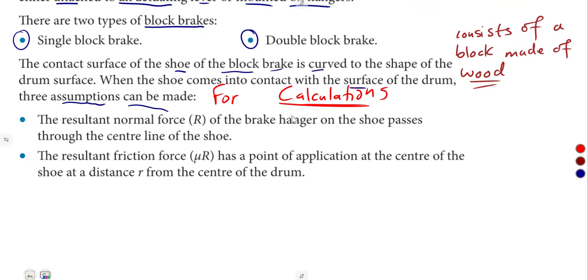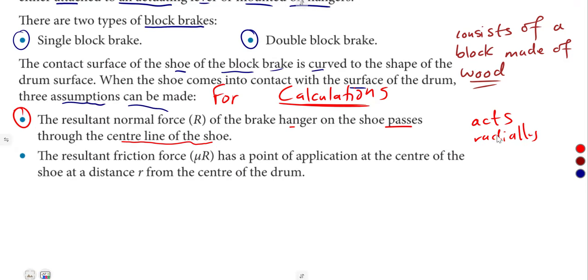We are going to assume that the resultant normal force of the brake hanger on the shoe passes through the center line of what? Of the shoe. It passes through the center. That is to say the resultant normal force, which is the reaction on the shoe, acts radially.